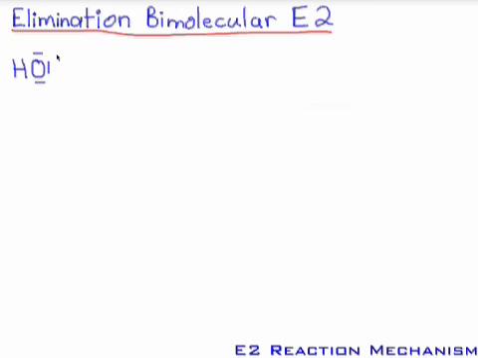I'm going to use a powerful base, such as hydroxide minus, and I'm going to react it with the following alkyl halide. And I'm going to show an H here.